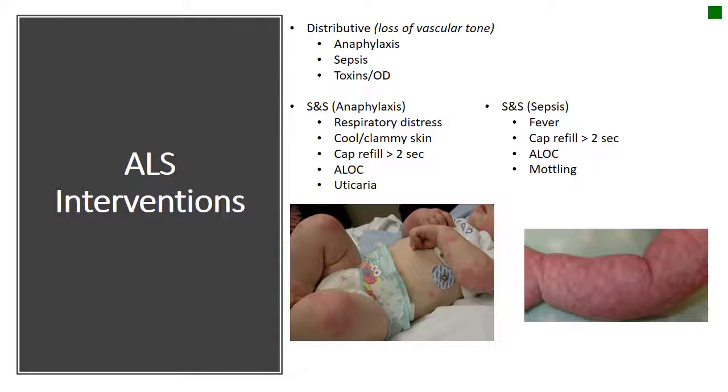Signs and symptoms for sepsis is a fever, capillary refill greater than 2 seconds from the hypoperfusion, that change in mental status or level of consciousness, and skin mottling, that red splotchiness. So that urticaria for anaphylaxis is going to be more localized, where skin mottling is going to be more completely peripheral throughout almost the entire body.